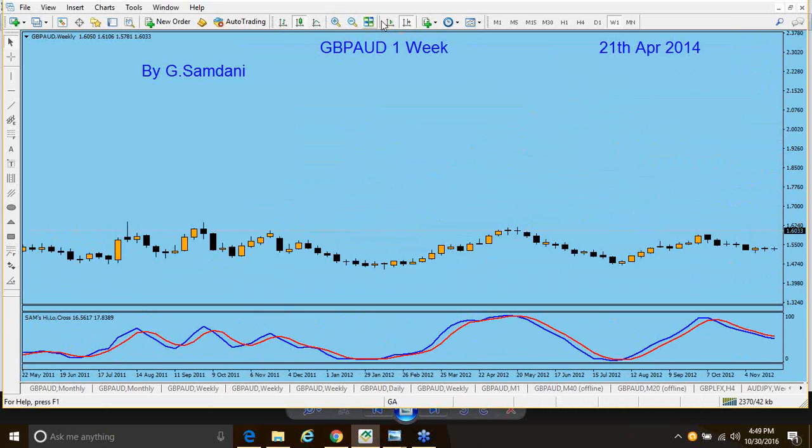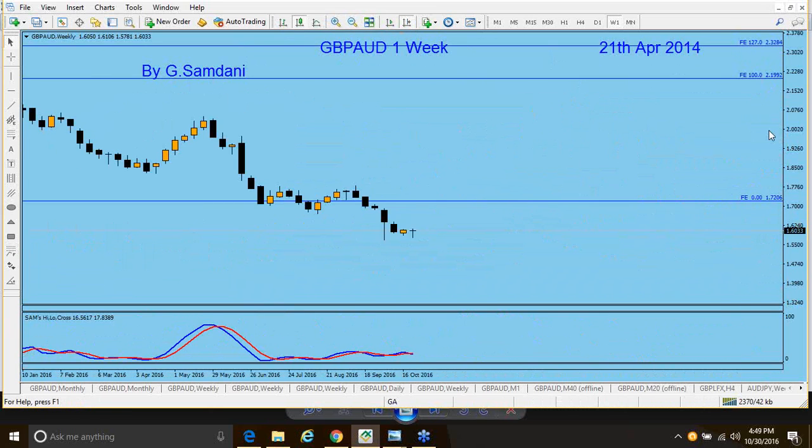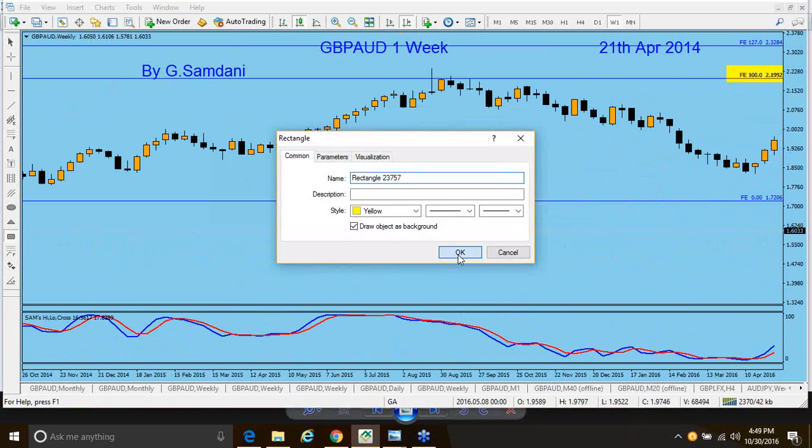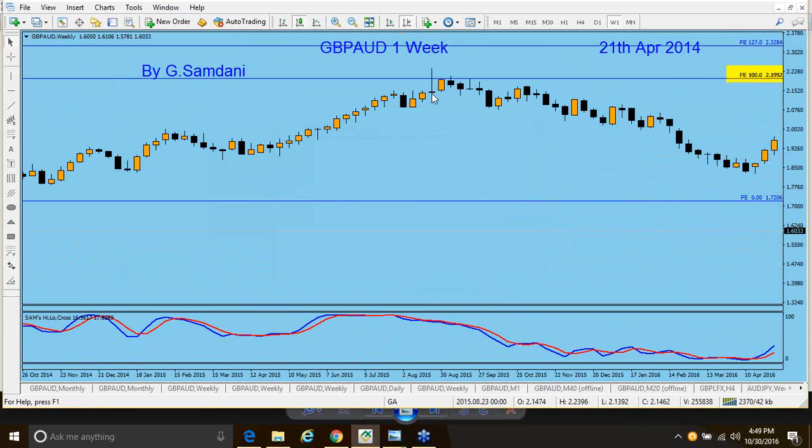Let me expand it. As soon as it hit the 100% level here, this is AB equals CD, 100% correction finished. What did it post here? See this? This is a big reversal doji or shooting star, right?